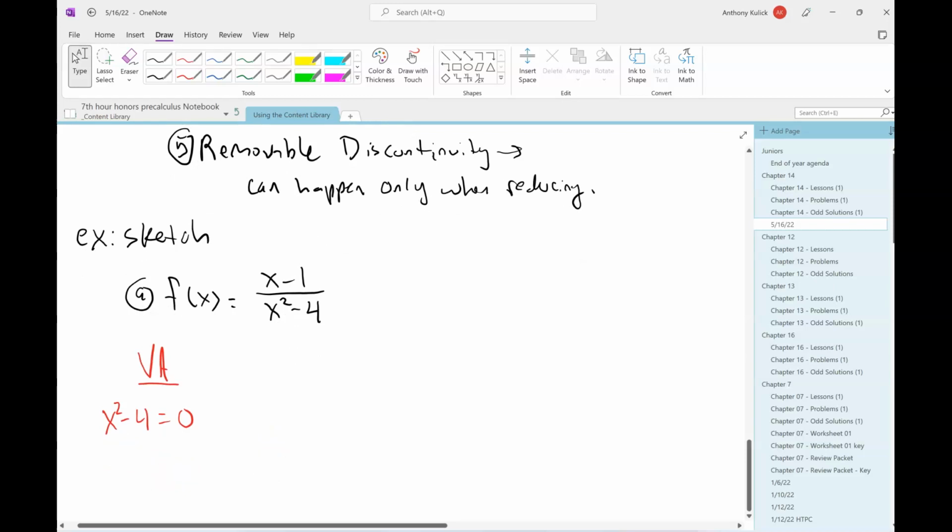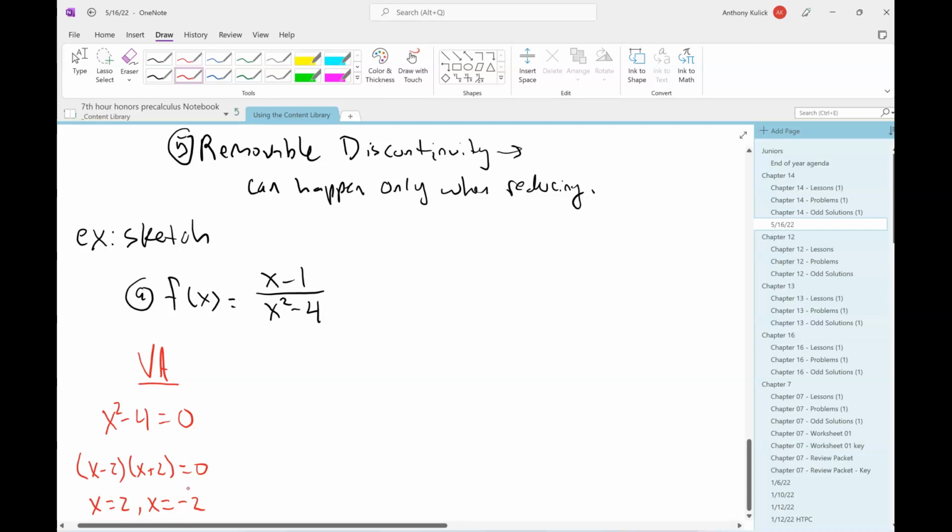We should check to see if we can reduce. Probably most of us can look at that and tell that there's no reducing possible, that the factor of the numerator, x minus 1, is not a factor of the denominator, which would be x plus 2, x minus 2. But we should at least make mention that we are doing that, even if there is no reducing possible, like in this case.